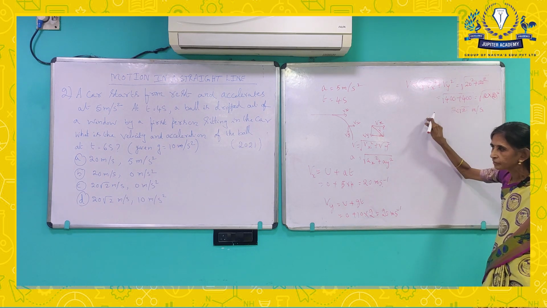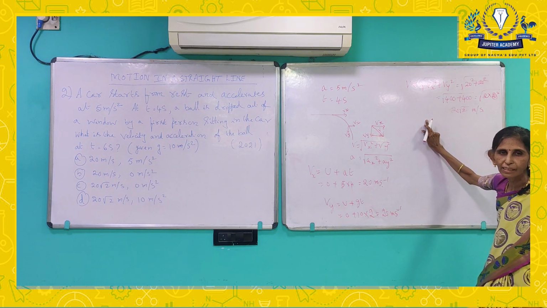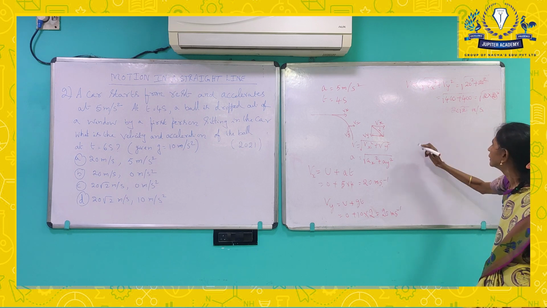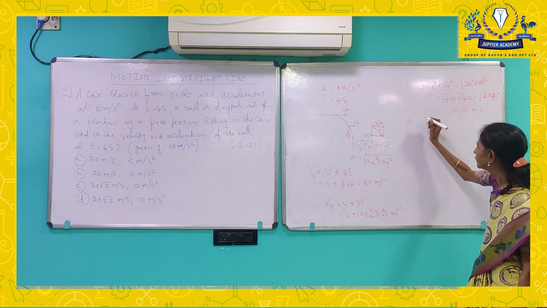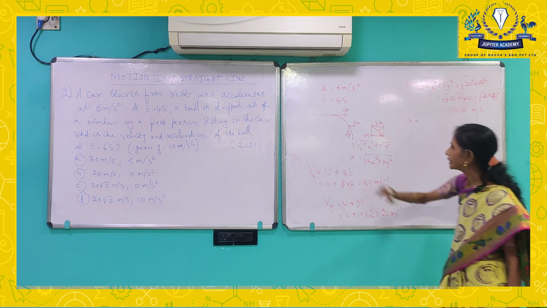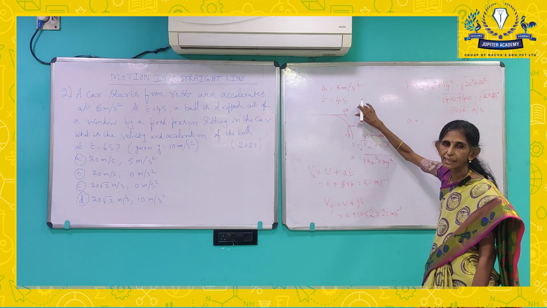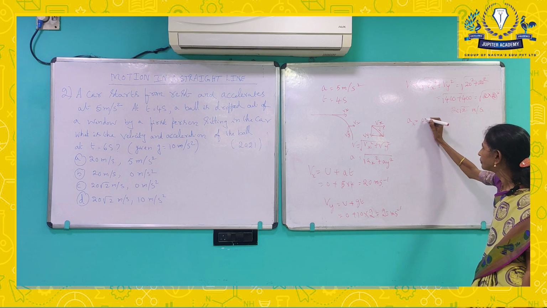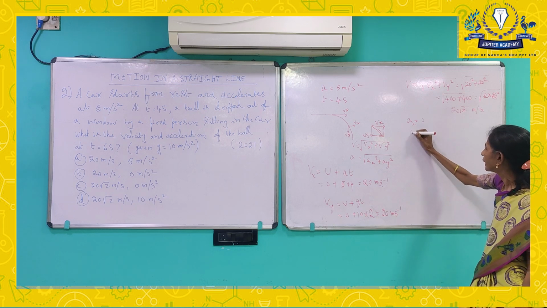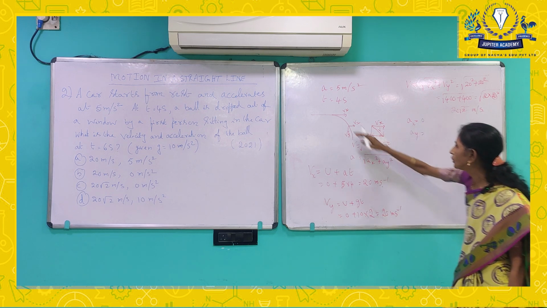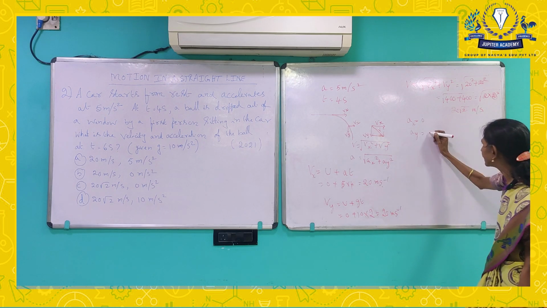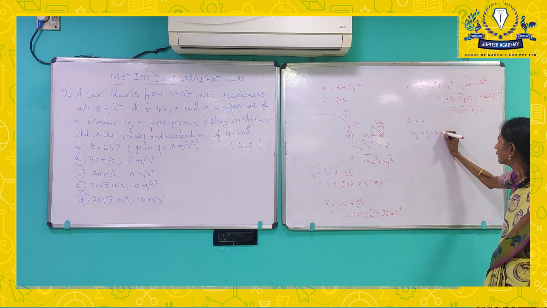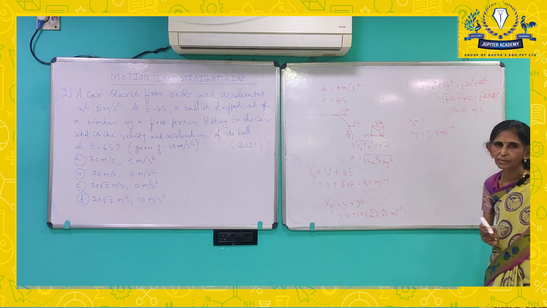So only after finding the acceleration can we find the correct answer. When we come to acceleration A, in the horizontal direction there is no force, so Ax is 0. And Ay is due to gravitational force, so Ay is nothing but G, which is equal to 10 m/s square.